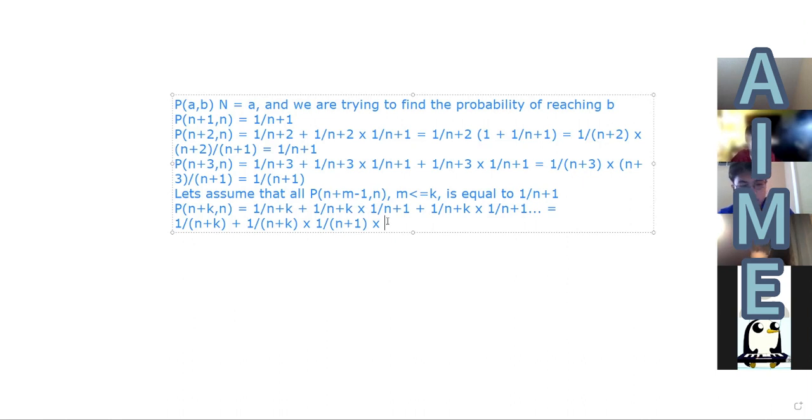So then there will be terms going from n plus 1 all the way to n plus k minus 1, which will be k minus 1 numbers.